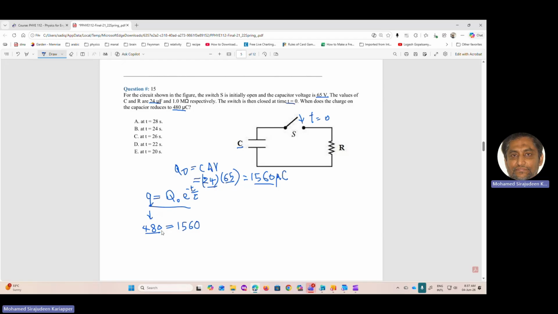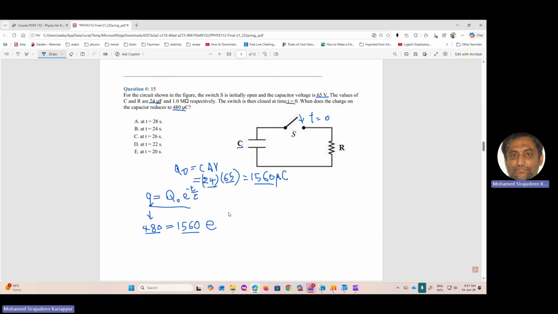So this is microcoulomb and this is microcoulomb, so it doesn't really matter. If you are going to convert it to coulomb, you multiply this by 10 to the minus 6, and this side also by 10 to the minus 6. It's the same factor on both sides of the equation.